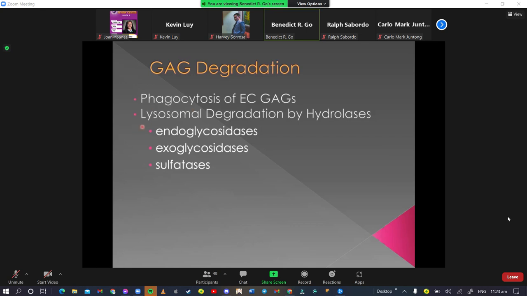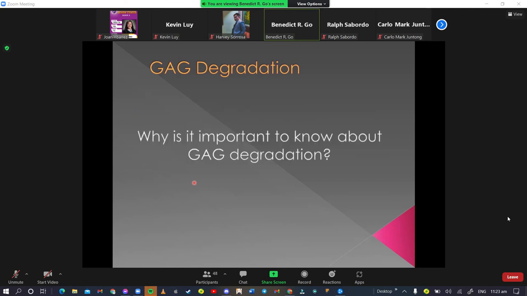So once they are inside the cell, they are degraded inside the lysosomes by these certain hydrolases. You have endoglycosidases, exoglycosidases, and sulfatases. Don't worry about that, but just take note that there are hydrolases which degrade these GAGs. So why is it important to know about GAG degradation?